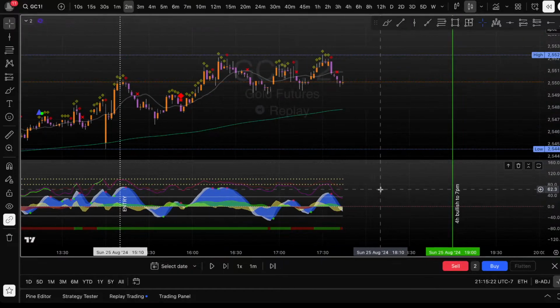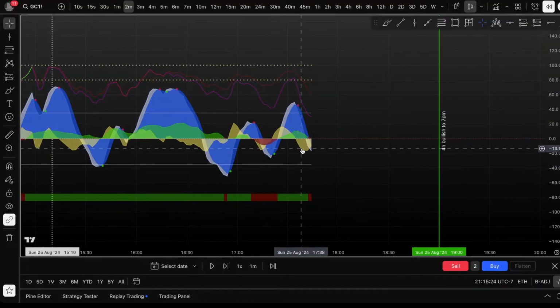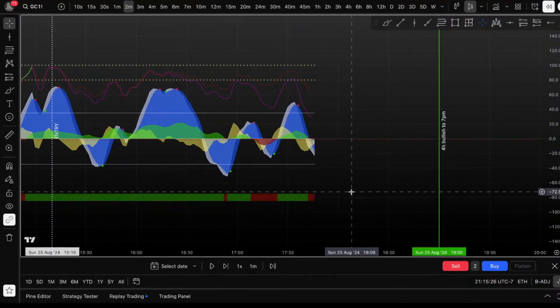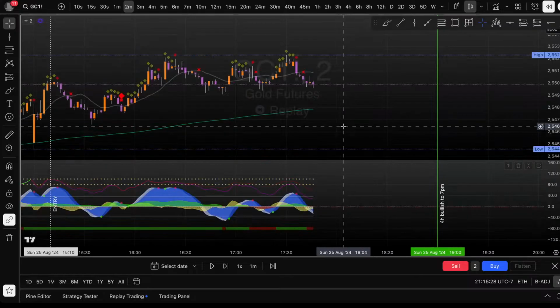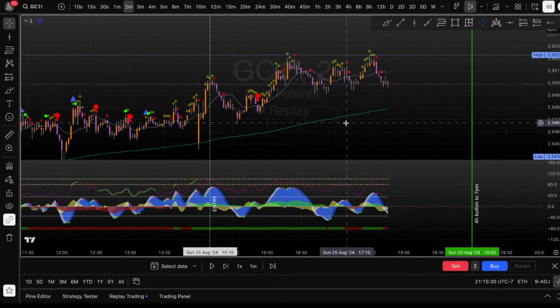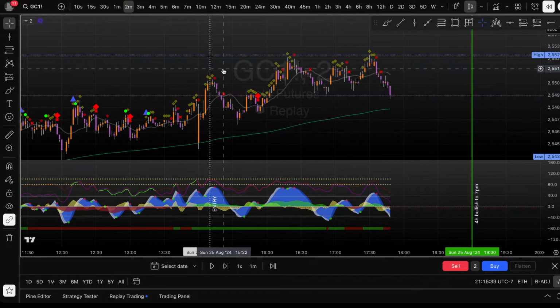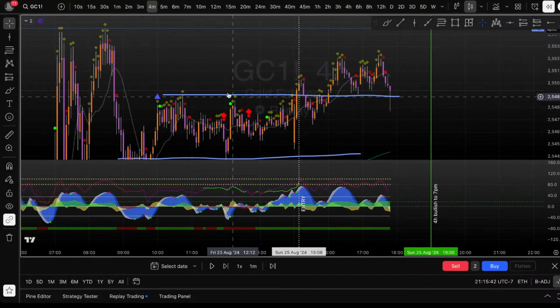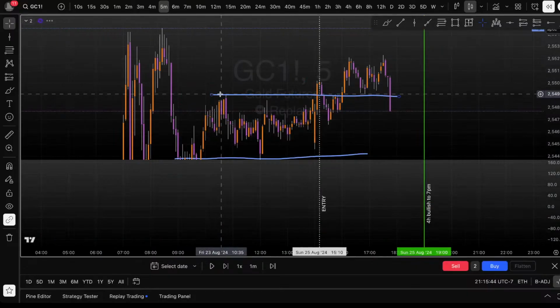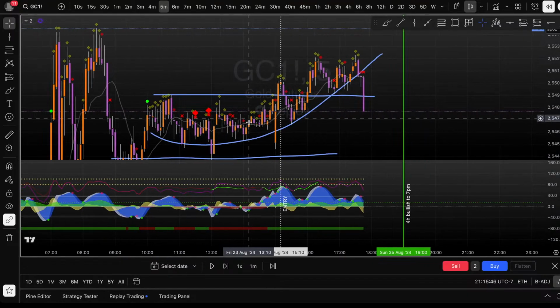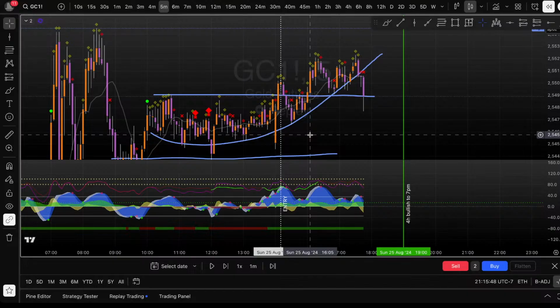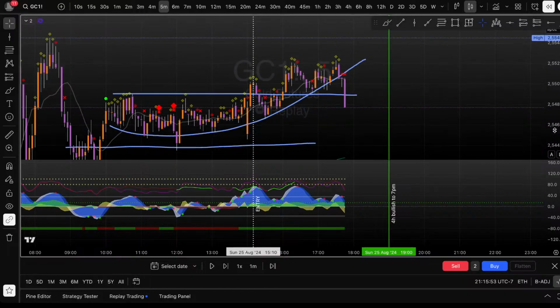Is there any hope? Look at this 2-hour VWAP. Yeah, that's ugly.